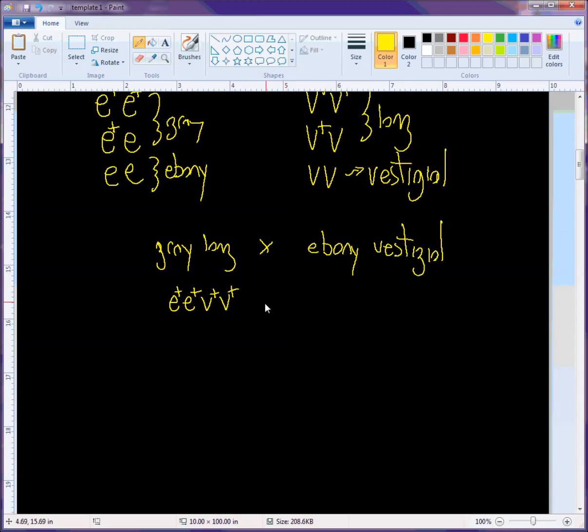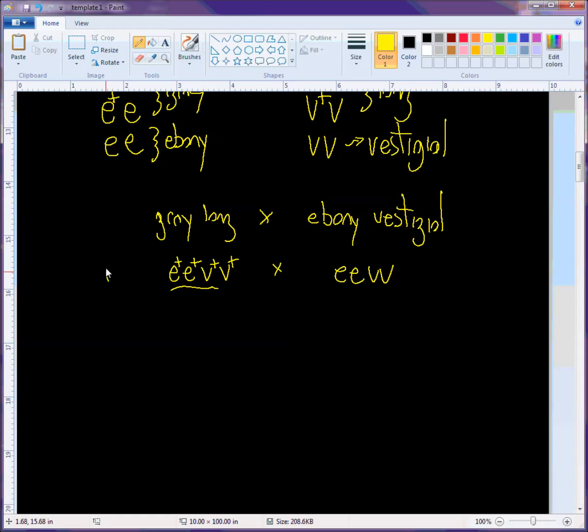So these genes, the body color and the wing type genes, are on different chromosomes, or they're so far apart on the same chromosome that they're essentially unlinked, so we don't need to draw them like we've been doing in chapter 5. So we're just going to write the genotypes like I have over here. So for ebony and vestigial, two little e's, two little v's.